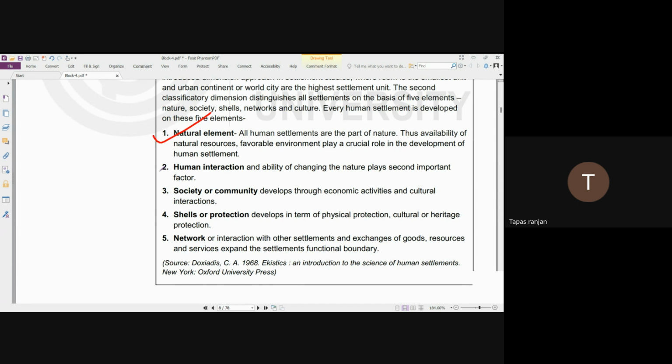Then you have society or community, so that develops through human interaction only, and that also develops through different economic activities and cultural interaction. Let's take the example of different economic activities, how they are building the community or the society.